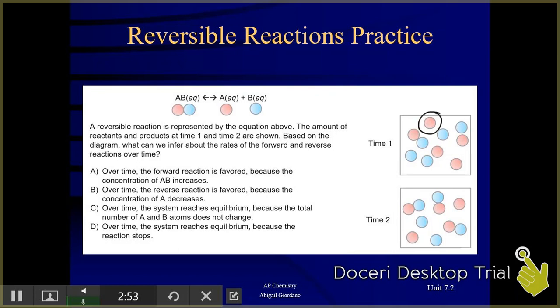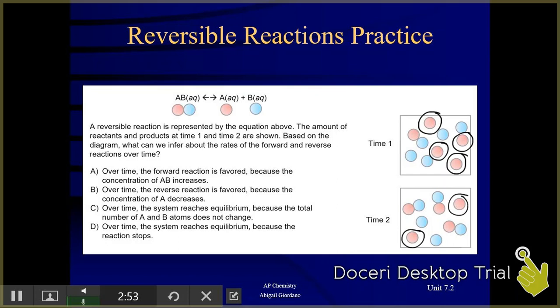At time 1, I see 1, 2, 3, 4. I'm not going to count that one because it is joined to B, so that's AB. I was just counting the number of individual A particles. So I see 4 particles at time 1, whereas at time 2, I only see 2 of them.